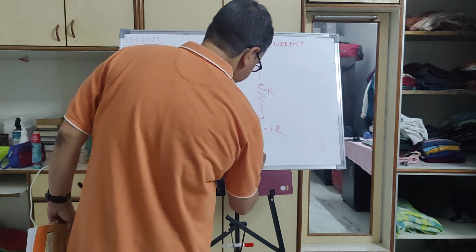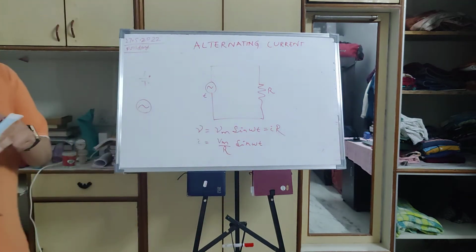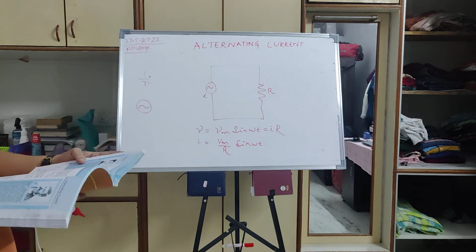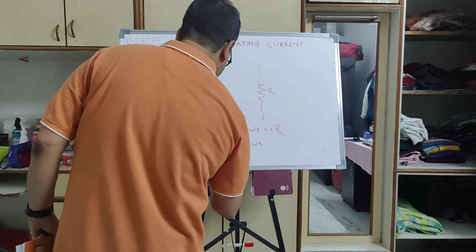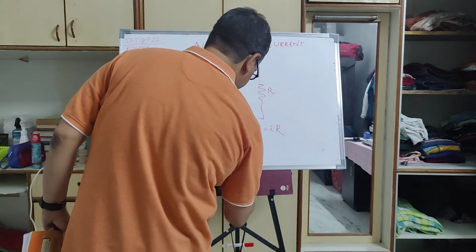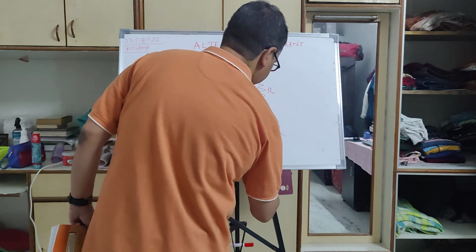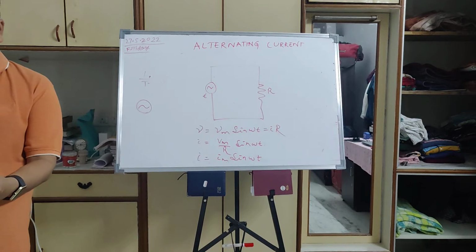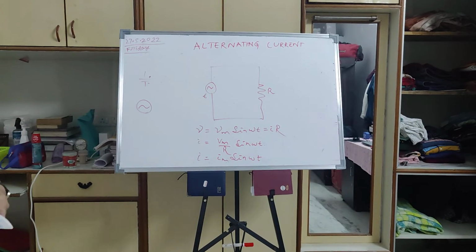Because R is a constant, you can write i equal to Im sin omega t. That is because of Ohm's law.